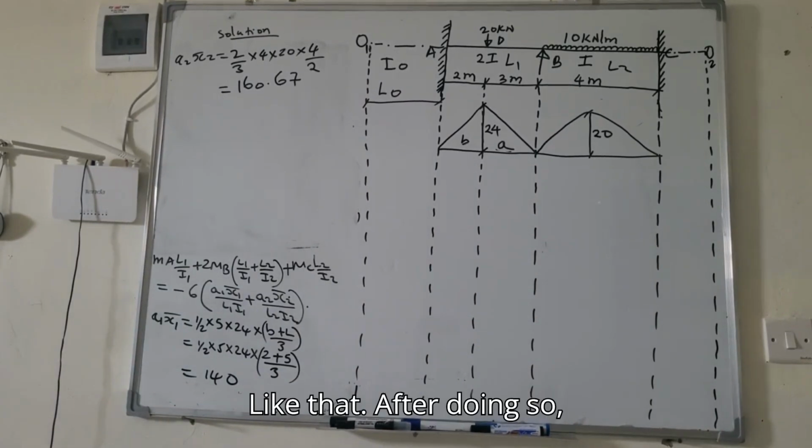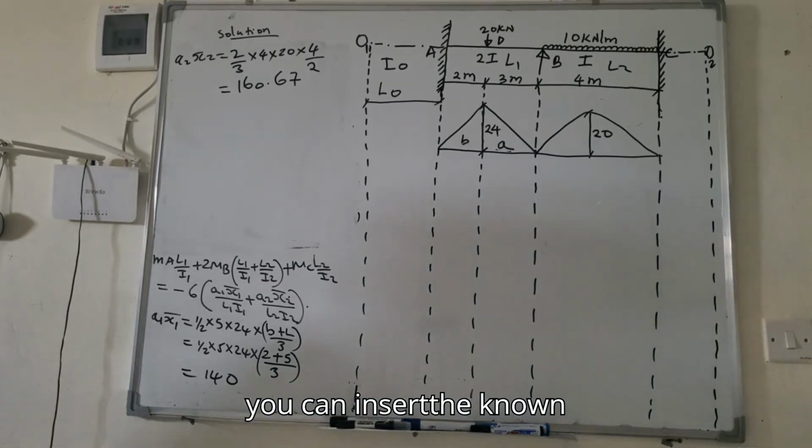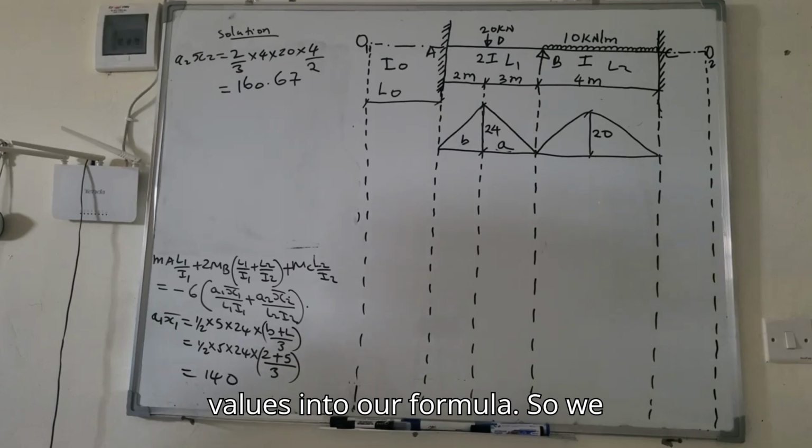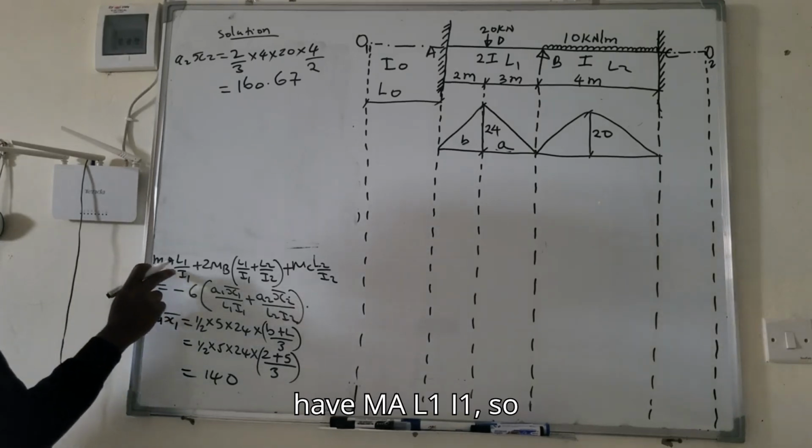Like that. After doing so, we can insert the known values into our formula. So we have MA L1 I1.